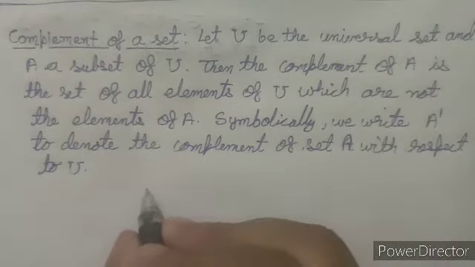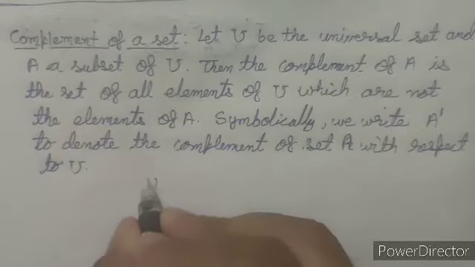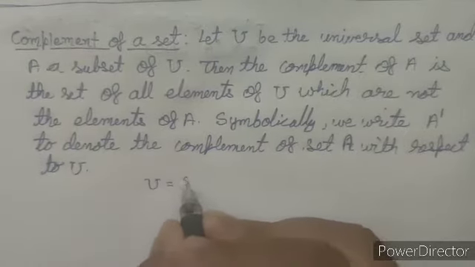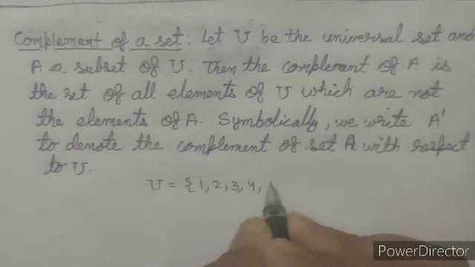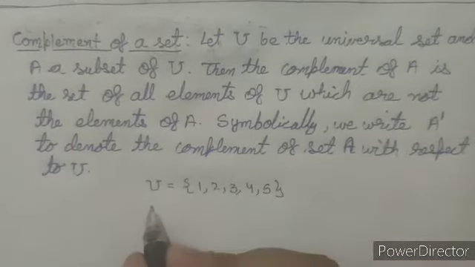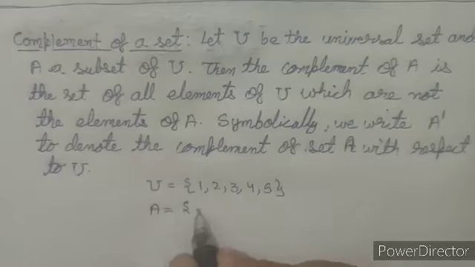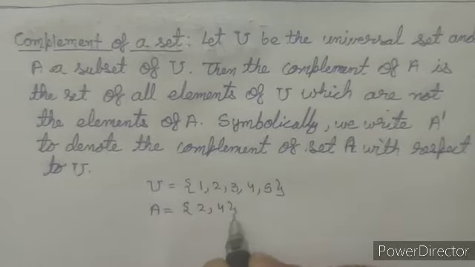Now suppose the universal set has the elements 1, 2, 3, 4, 5 and there is a set A which has elements 2, 4.